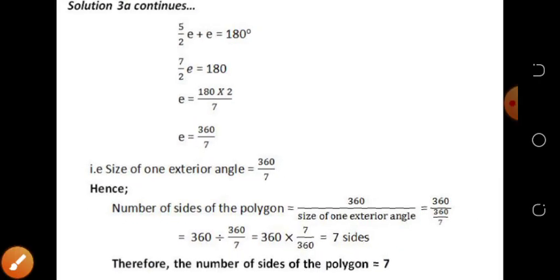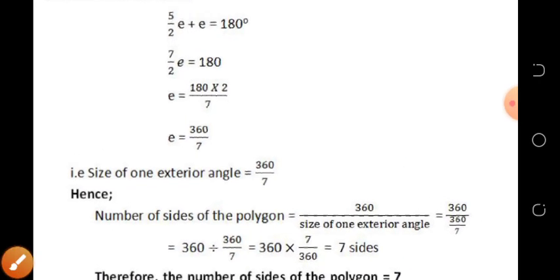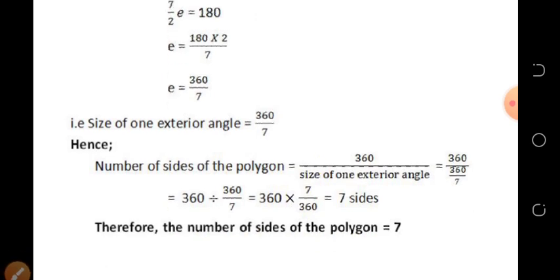Moving on, we say hence the number of sides. The formula for finding the number of sides of a polygon is 360 degrees divided by one of the exterior angles. Take note that the question said regular polygon. A polygon is said to be regular if all the interior angles are equal.